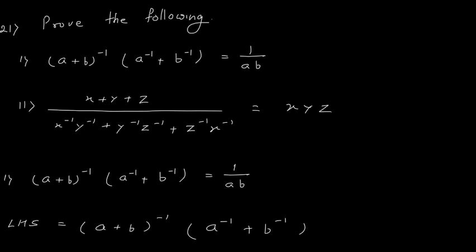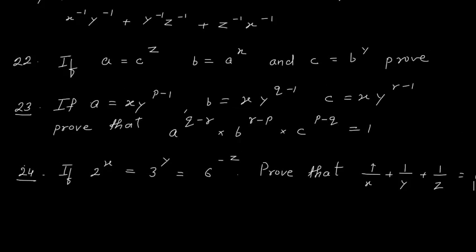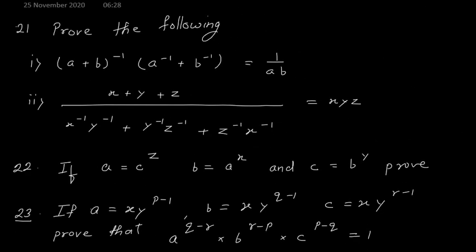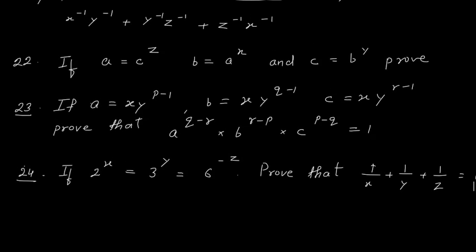So that was the second part of this 21st question. Now let us see this 22nd question. If a equal to, again something is incomplete, so let me check again.